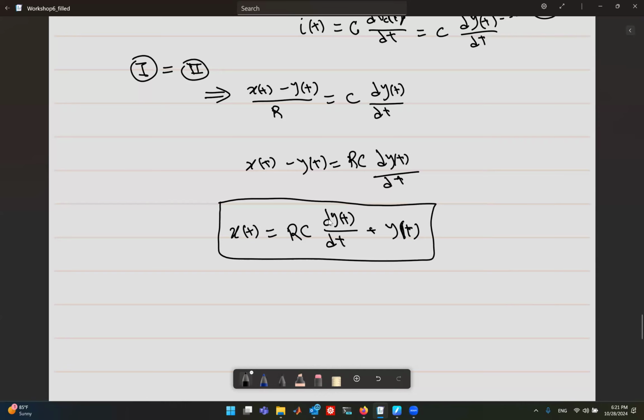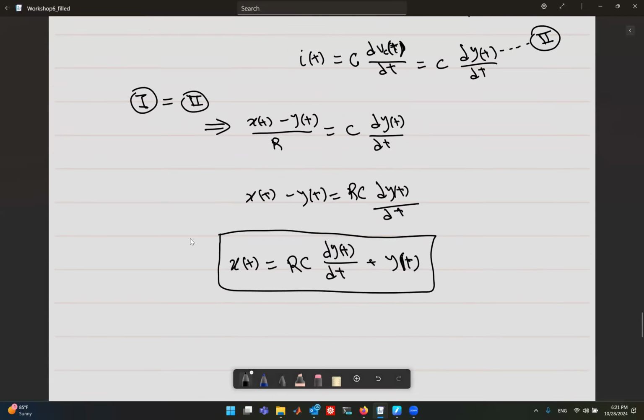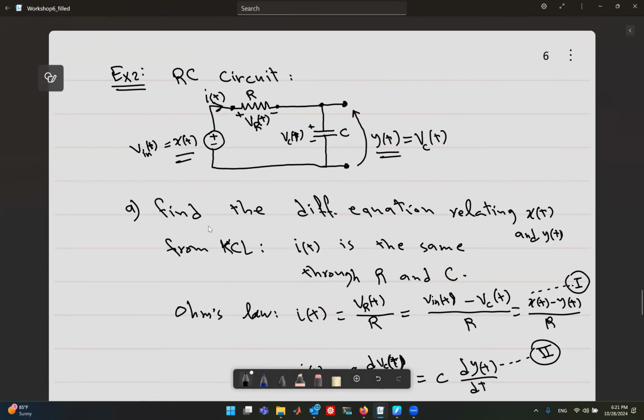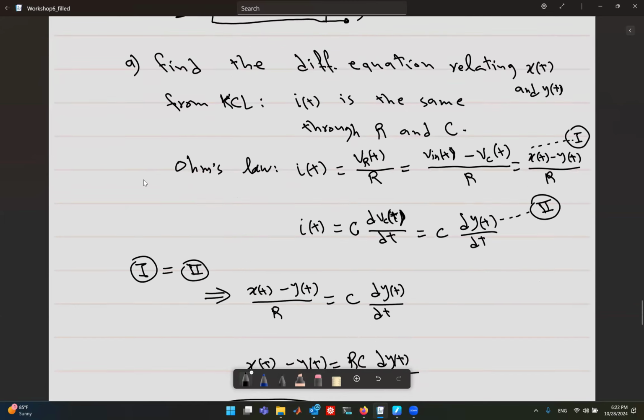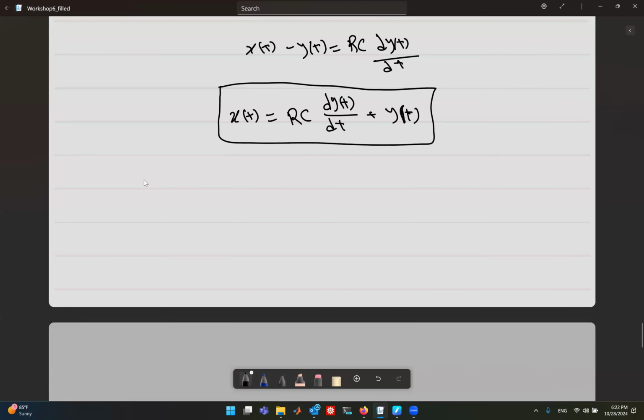You can find it using calculus, but there are easier ways to find the output for a given input. Now we have solved the first part, which is just to find the differential equation relation between input and output. The second question is to find the frequency response.